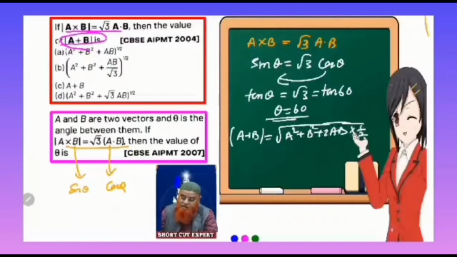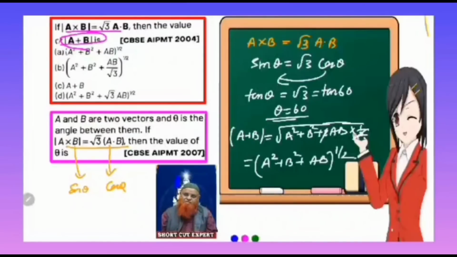Cos 60 means directly you can write 1 by 2. So here 2 gets cancelled. What is left now? A square plus B square plus AB, under the root. That's it. Problem is solved. So in 2 minutes, I have explained the 2 PYQs in a super simple way of how to solve them. So this way you can improve your problem solving.